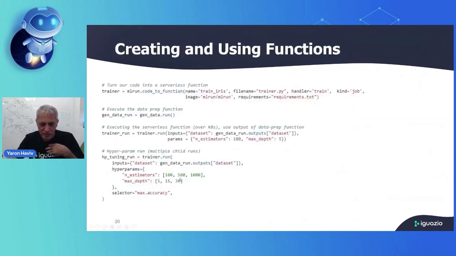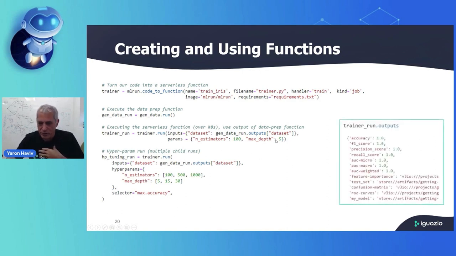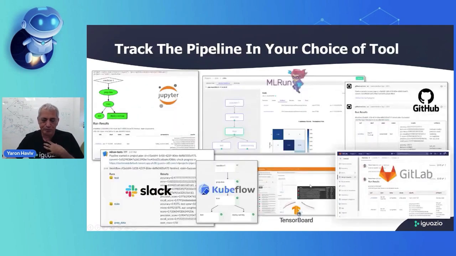Just give me the different parameter combinations, and MLRun will run a bunch of child executions with the same function every time, different permutations. And those objects, for example, this trainer run output, essentially generates automatically all those different metrics and a bunch of artifacts that are generated without adding a single line of code.